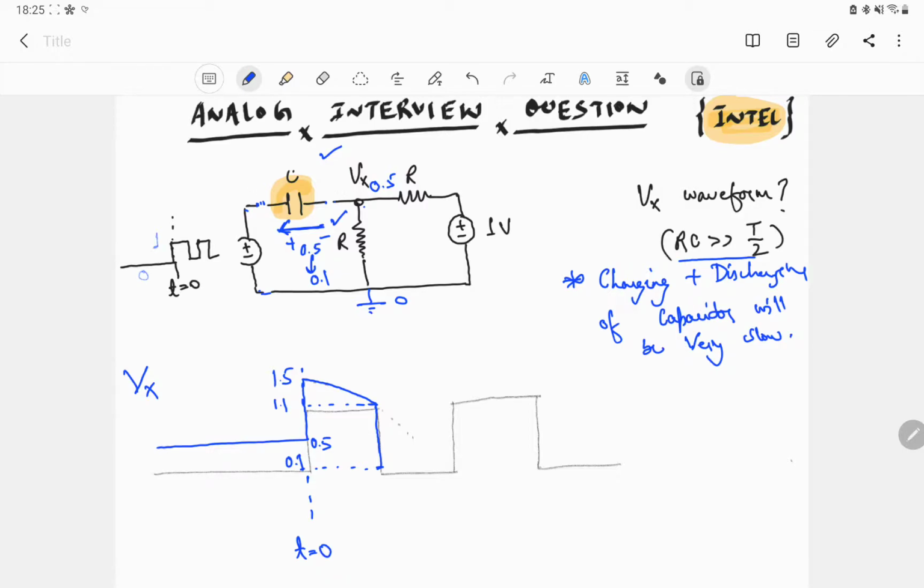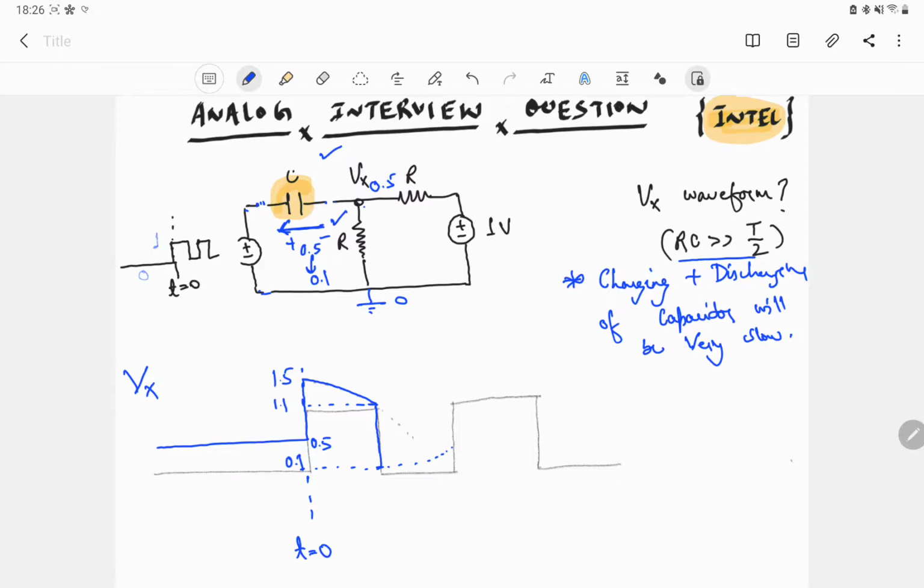So it wants to go to 0.5 volt. So how are we going to reach that? That's the question. We will move this 0.1 toward 0.5, but it will take time. So it will try to move to 0.5, but it will not reach 0.5. So let's make the circuit like this.